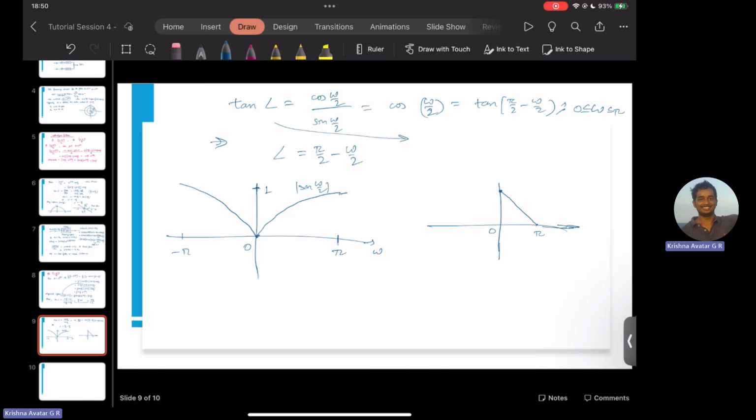And this expression, however, for omega lying between 0 to pi, you will have to slightly modify it. So tan of angle, this one is going to be equal to cot, right? So it's cot here. So you can write it as 1 by tan omega by 2, right? And when omega lies between minus pi to 0, then even tan is going to be negative.